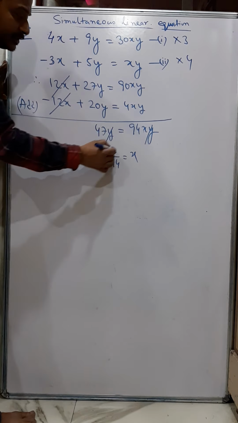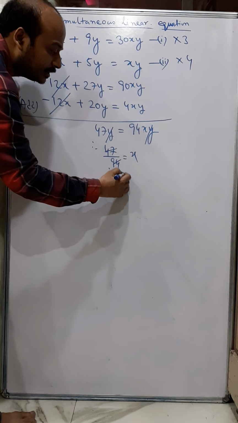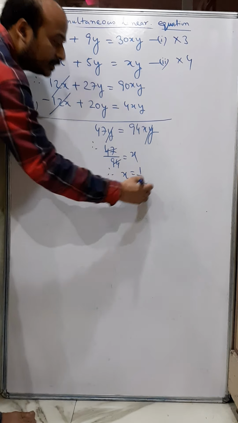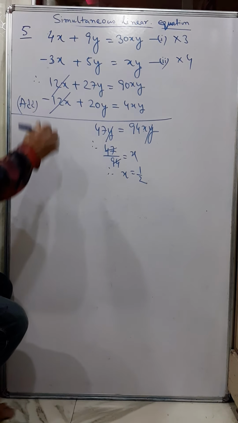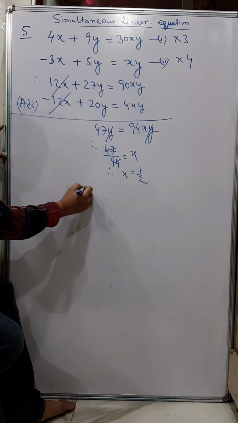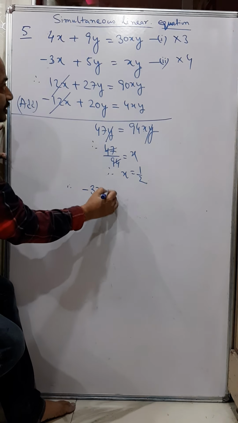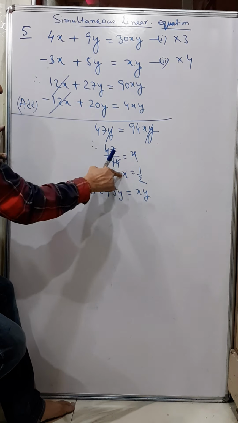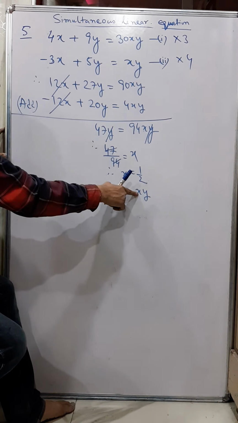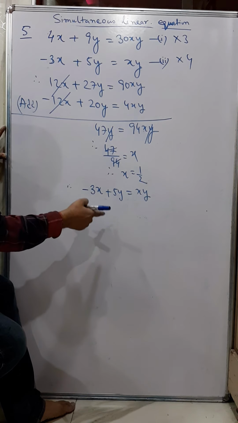So finally I get x equals 1 by 2. Now same, we can put in any equation, say minus 3x plus 5y equals xy. Now put the value of x as half here and here, and then you will get the value of y.